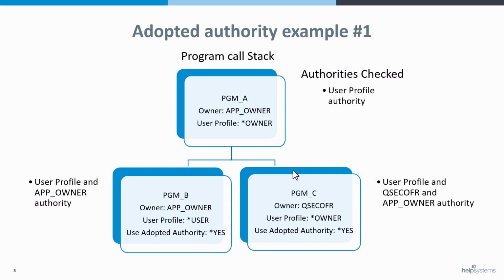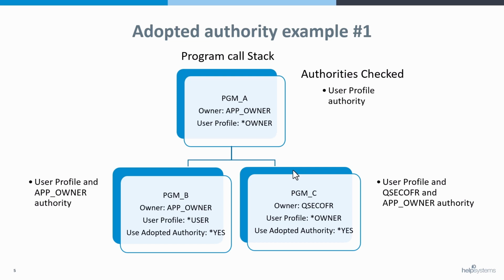And if QSECOFR doesn't have authority, and we all know that QSECOFR has all authority, but if it doesn't, or if the owner's not QSECOFR, it's going to look and check up the stack, in this case APPOWNER, to see if APPOWNER has the authority to the object or to the function that is trying to be executed by this program.